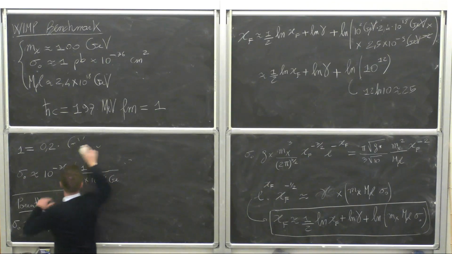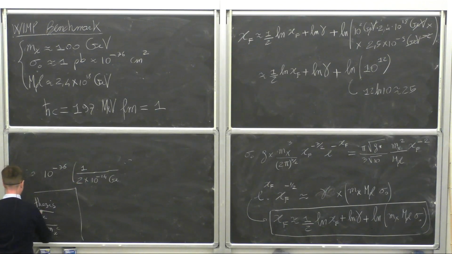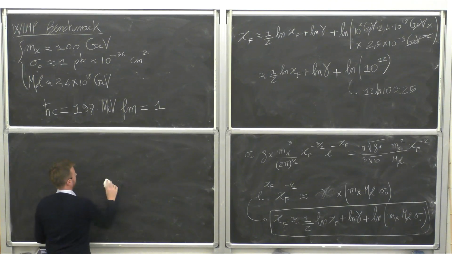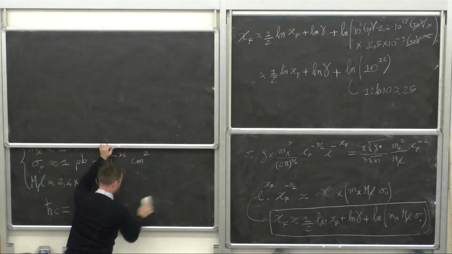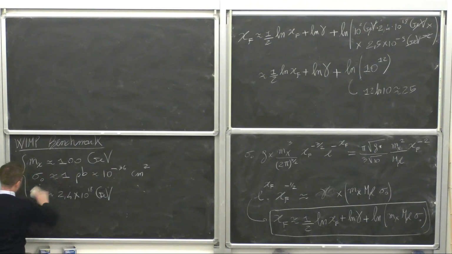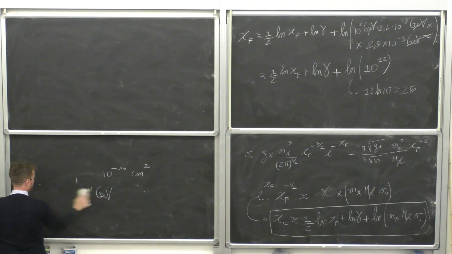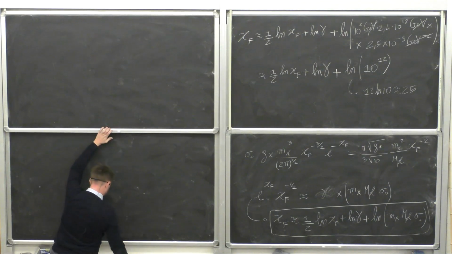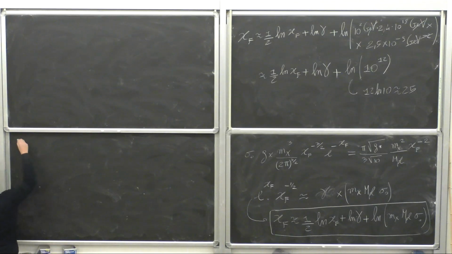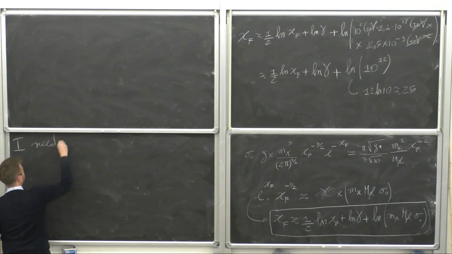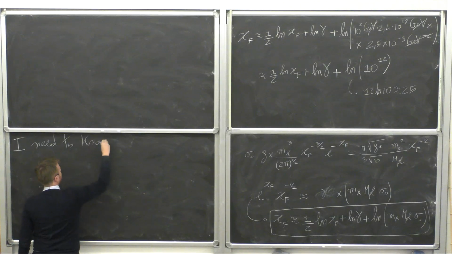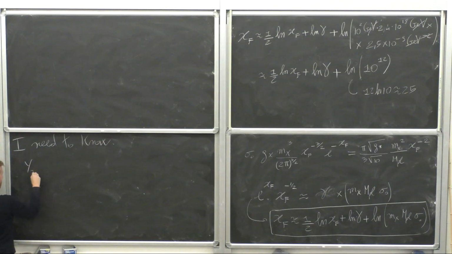Now that we have the freeze-out temperature, we are basically done, because all we have to do is... it's important to do things in a clever way here. It's easy to get lost in the calculation if you don't think about what we're doing, because remember, I need to know Y chi at the freeze-out.